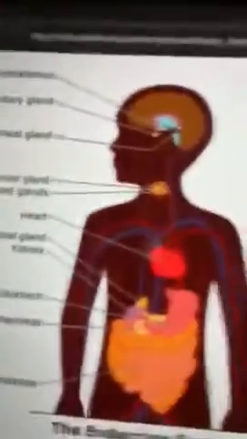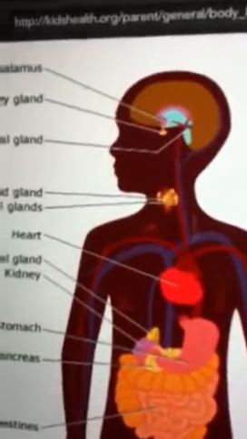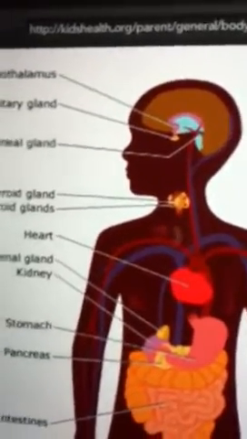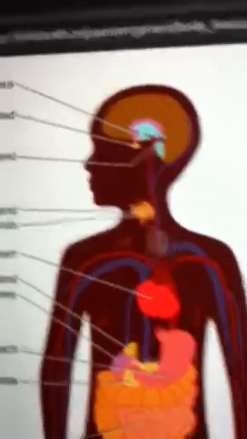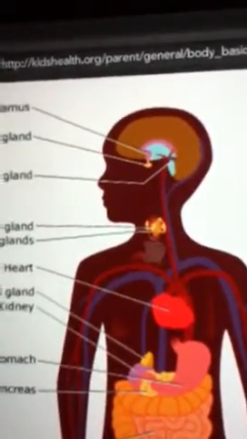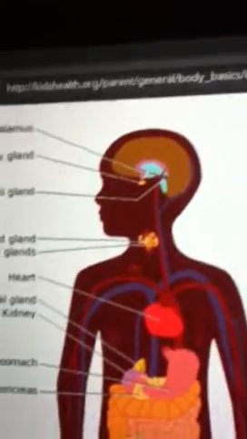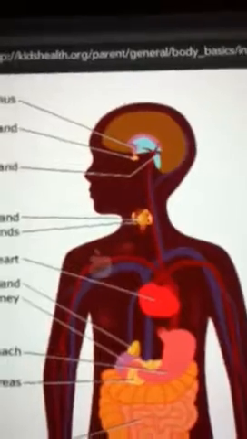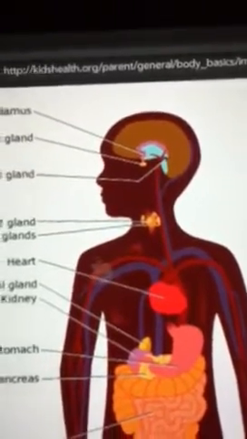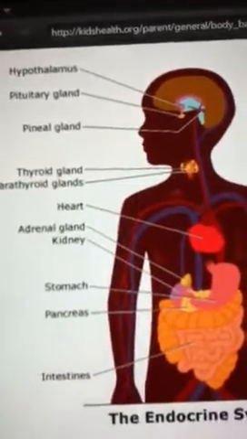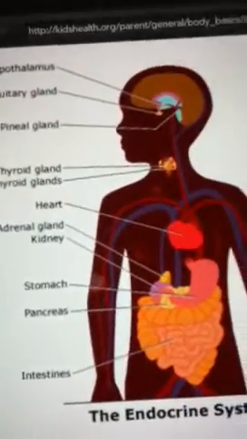So when the hypothalamus releases TRH, thyroid releasing hormone, the pituitary gland releases TSH, thyroid stimulating hormone, which is sent down to the thyroid gland.